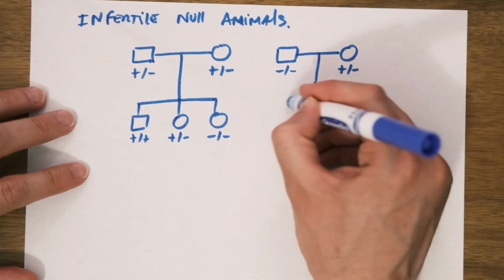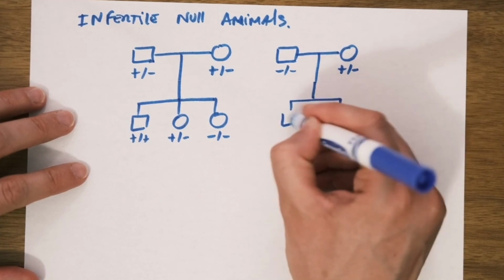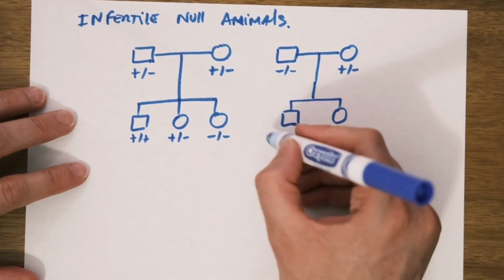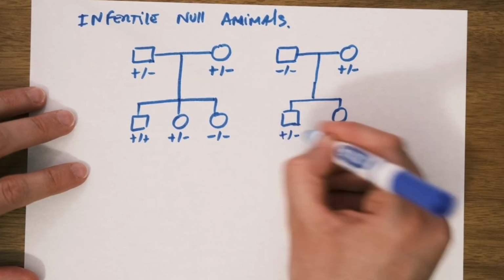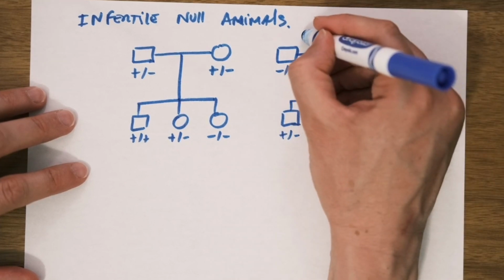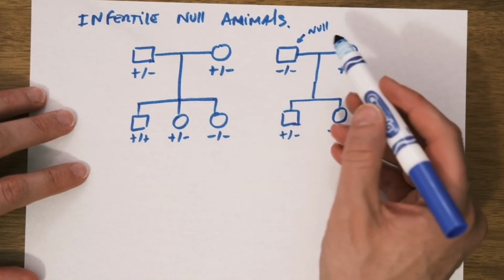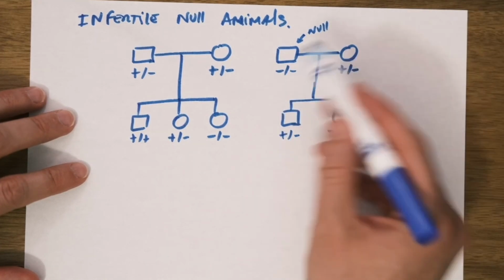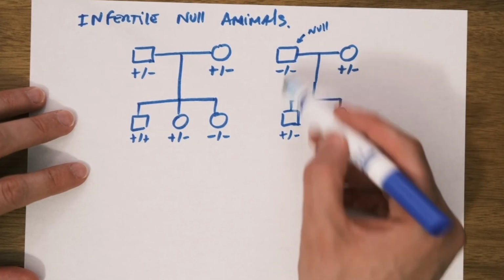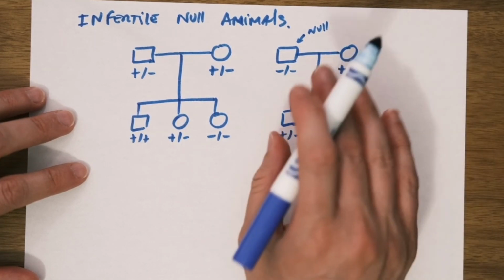In this case we will have 2 types of possible combinations of alleles, the heterozygous and the null. And this is a null male, but it can happen that these null animals may be sterile, so you won't be able to use this type of breeding in these situations.